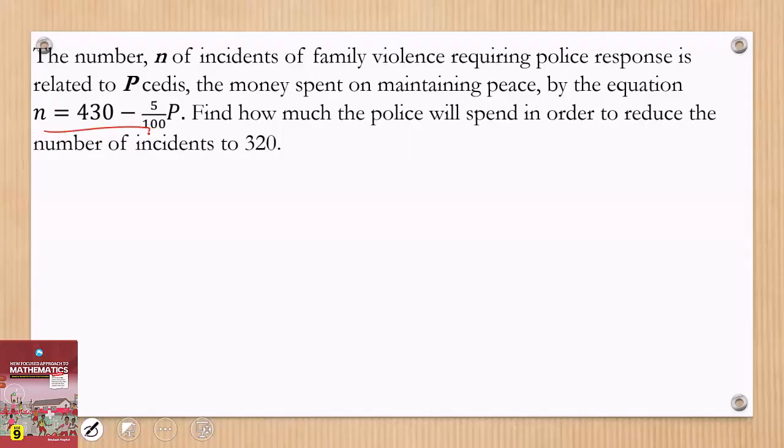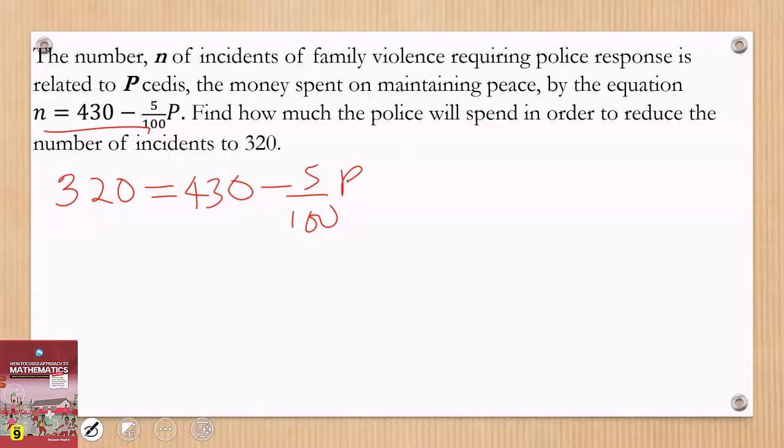We want to find how much the police will spend in order to reduce the number of incidents to 320. So what it means is that we have our 320, being the number, equal to 430 minus 5 over 100 p. So that becomes the relation. Let's see how much the police will spend in order to reduce the incident rate to 320.